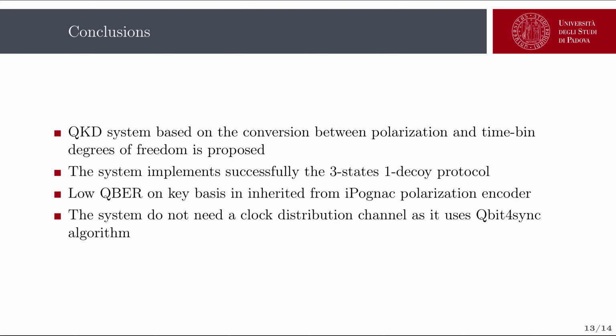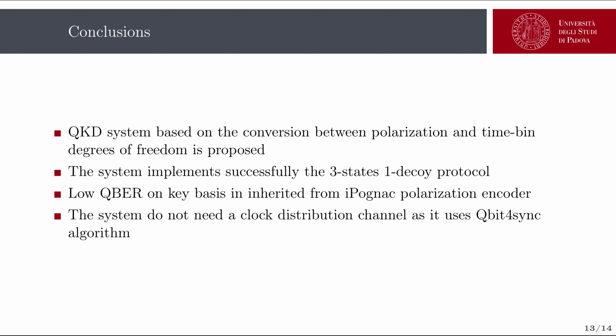We think that this hybrid approach might be useful in all those cases in which the two encodings, polarization and time-bin, must coexist in a same system, like for example a hybrid free space fiber channel. Also, the system doesn't rely on external hardware to share the clock between the two hosts.